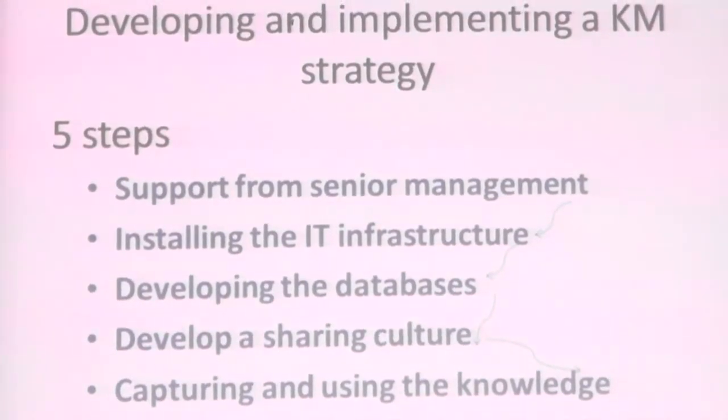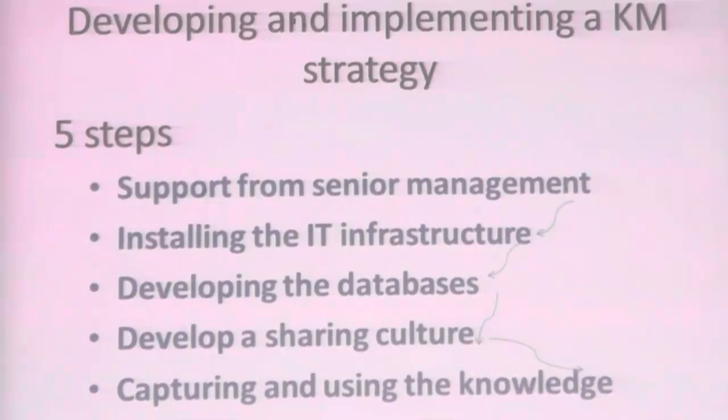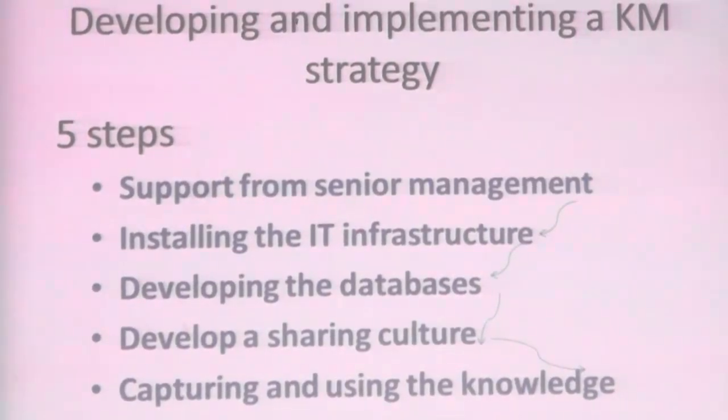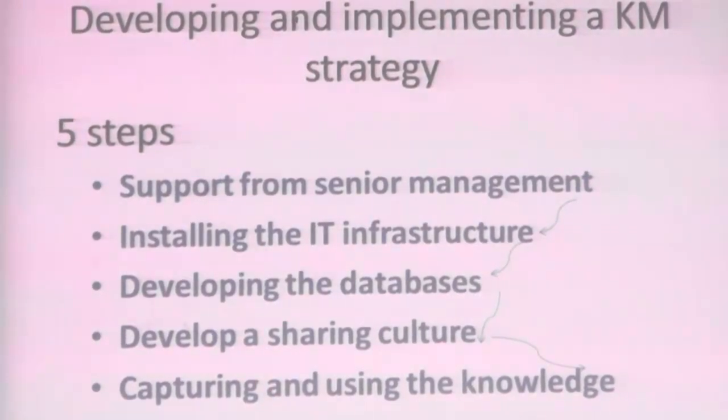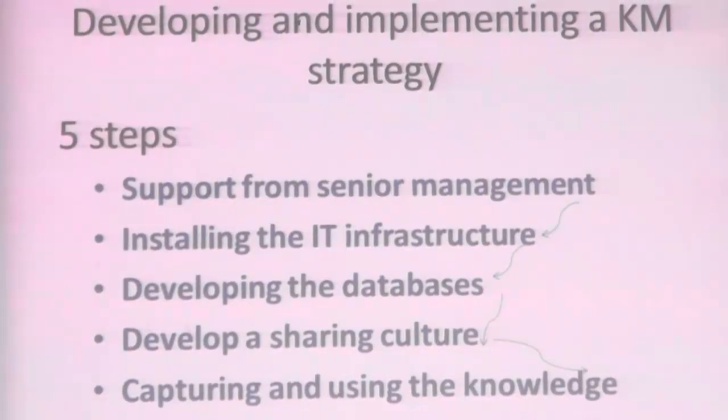There are 5 steps. First, support from senior management. In order to develop and implement a knowledge management strategy, there should be strategic direction from the management. The senior management of the organization has to support knowledge management, otherwise these things cannot be implemented. Then, installing the IT infrastructure, which is a key element in the organization.